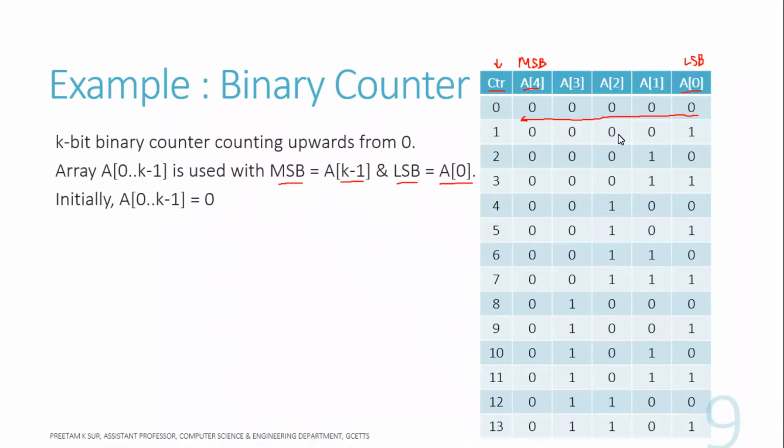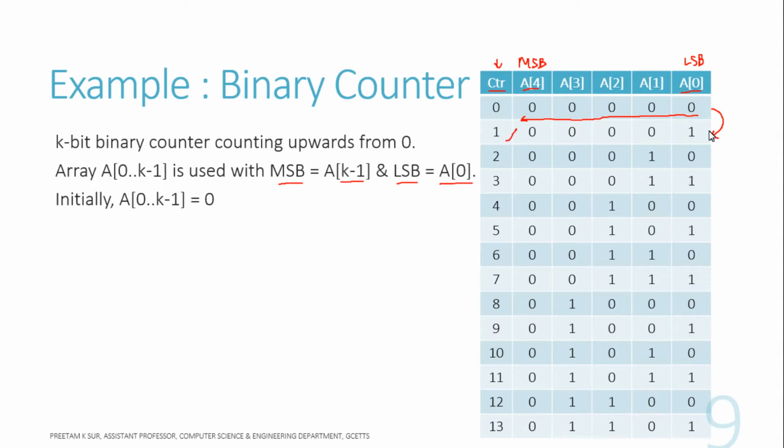So what will happen? Suppose initially we have all 0 bits, right? And then if we call the increment operation on this array A, the value will be changed like this: A4 to A1 will be 0 and A0 will be 1. So 0 0 0 0 1, which has the decimal value of 1.